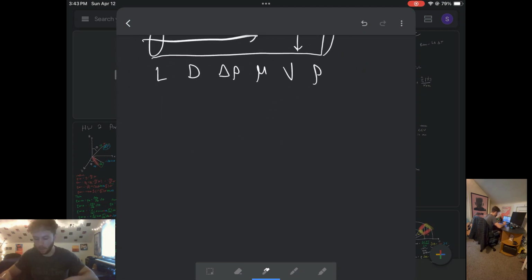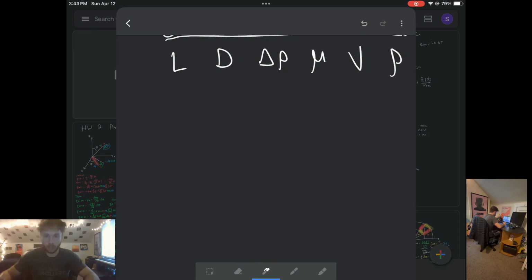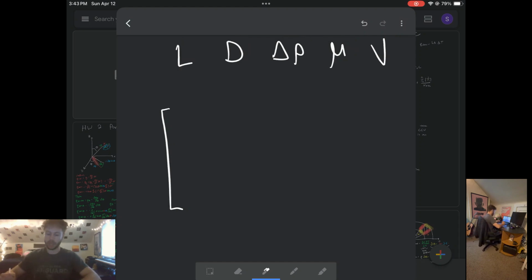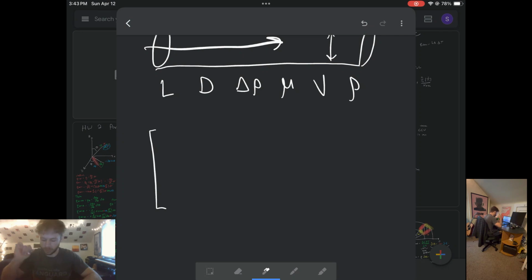Now, in order to perform our Buckingham pi method, we'll look at our matrix. So our matrix will use 3 SI units to describe all 6 of these physical processes.